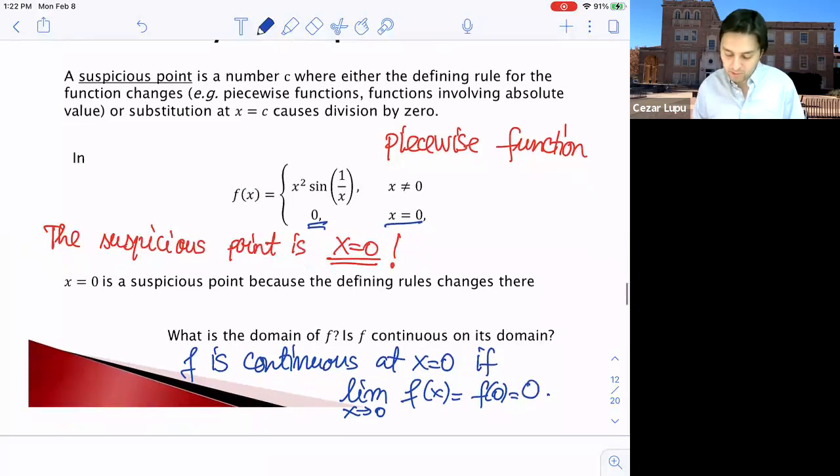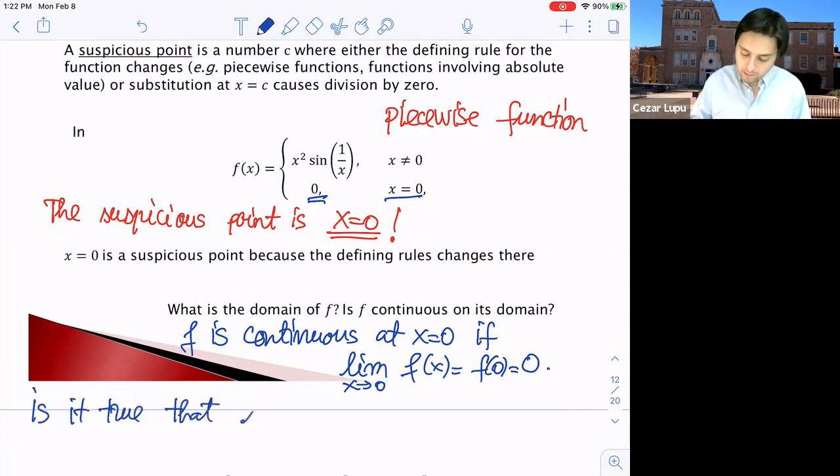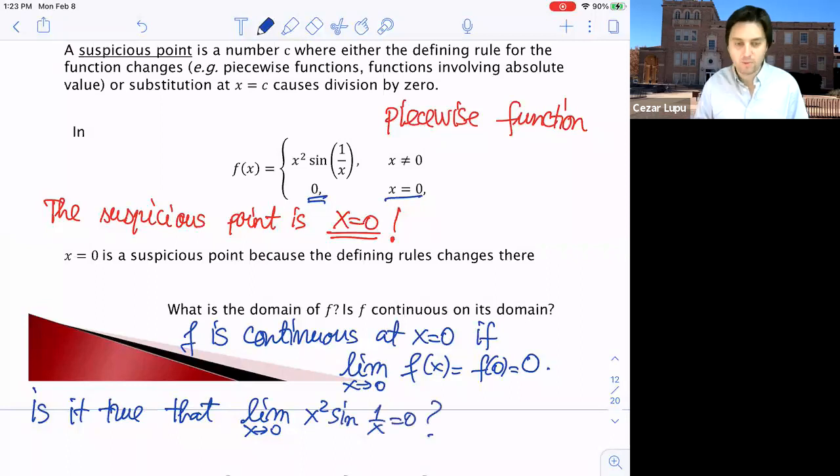Is it true that the limit as x approaches 0 of sine x squared times sine of 1 over x is 0? That is the question. What do you think?